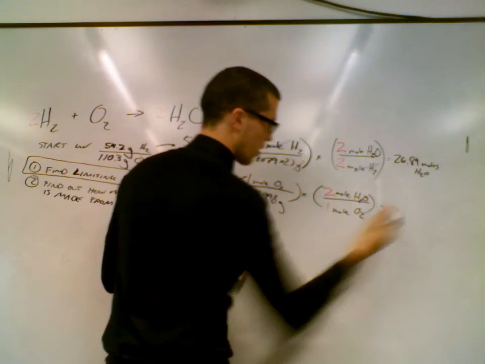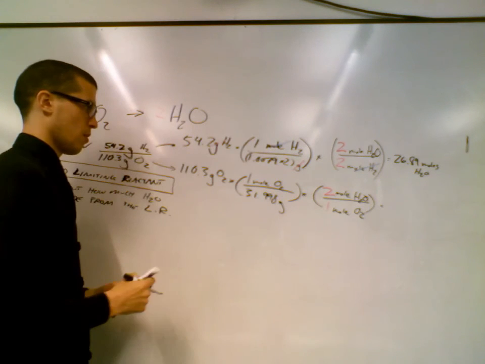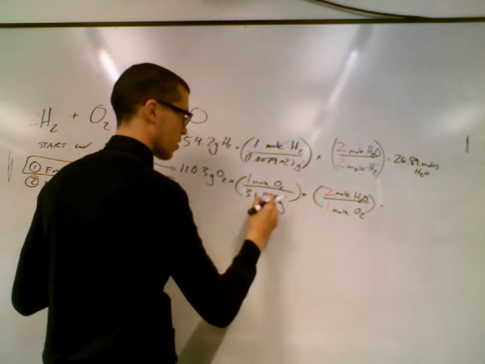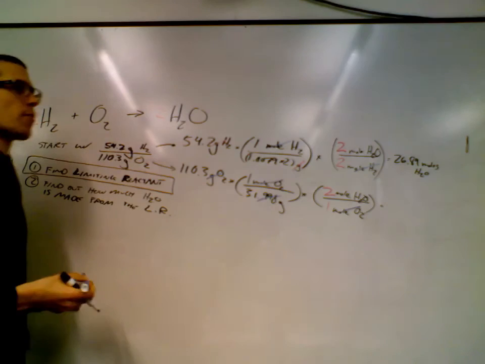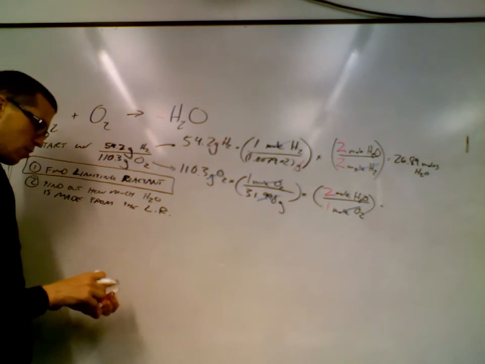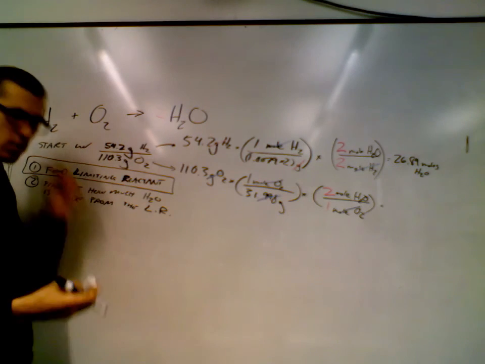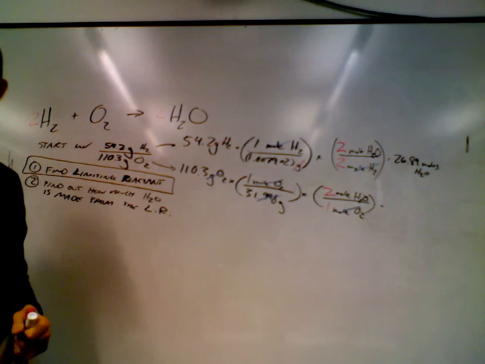Okay. And this whole thing equals, I don't know, because I haven't done this. These are crossed off. That's crossed off. In terms of moles of H2O. So what's the answer to that? Stay with me.